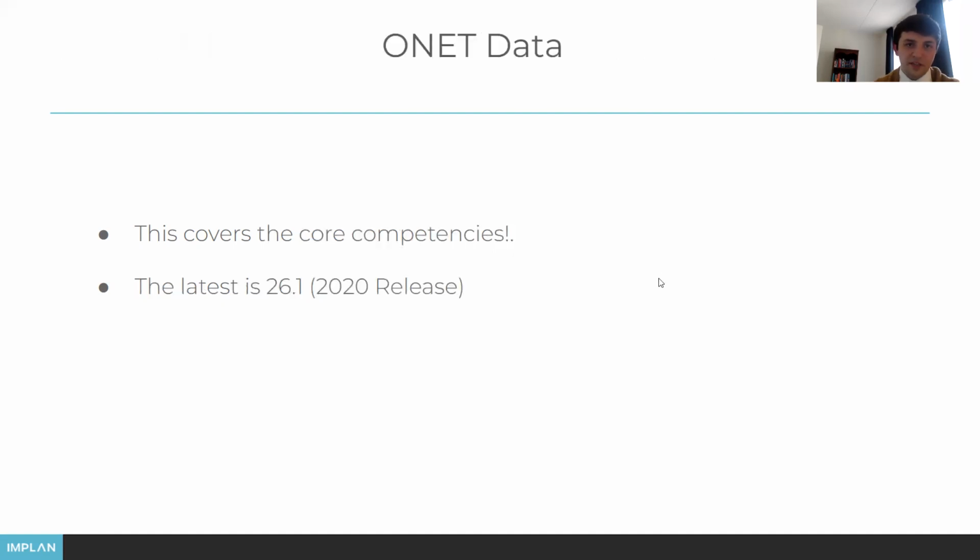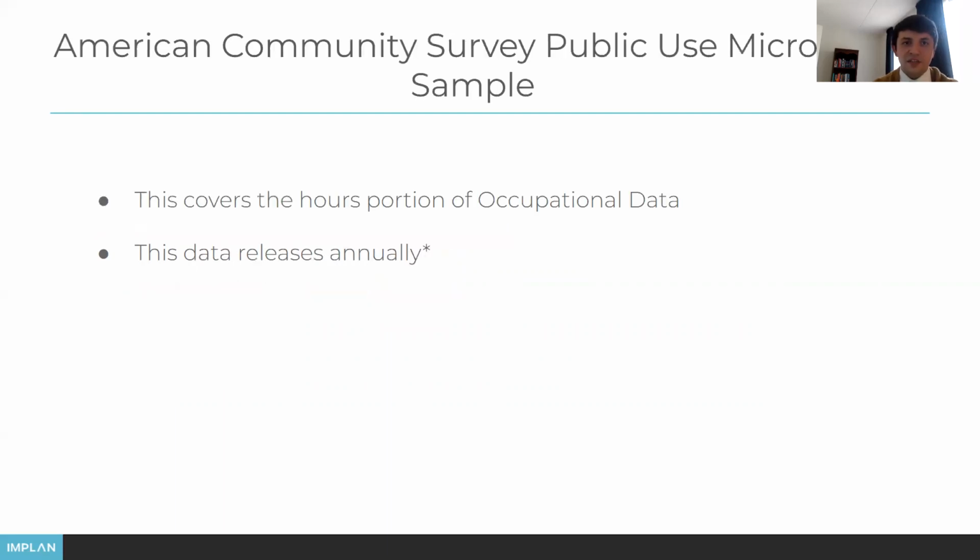On the core competency side, we have O*NET data, which is produced by the Department of Labor. And the most recent data set that we have obtained and incorporated, and this would be for the 2020 data, is the 26.1 set. Lastly, we have the American Community Survey, or ACS Public Use Microdata Sample.